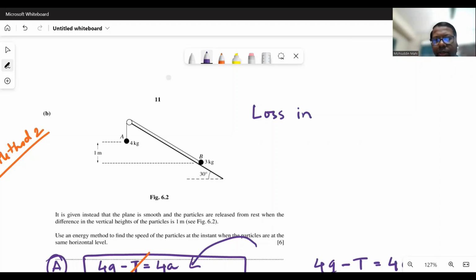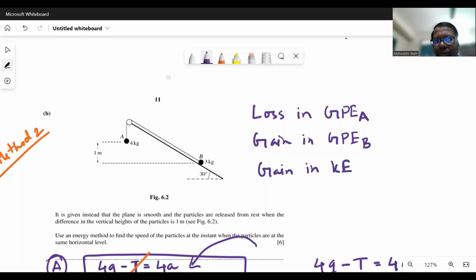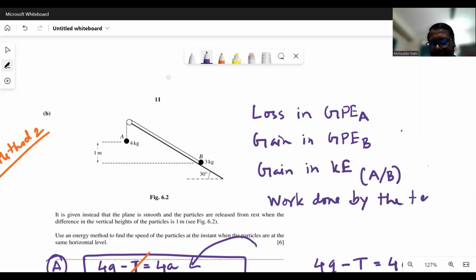There will be loss in gravitational potential energy of A, gain in gravitational potential energy of B, gain in kinetic energy of both A and B, and also work done by the tension force on B. So all the necessary work done or energy changes we have registered here.